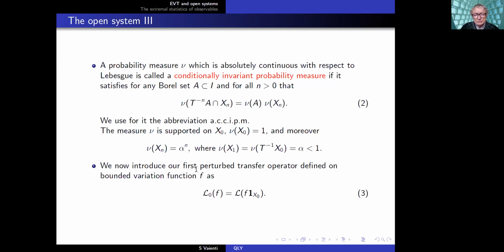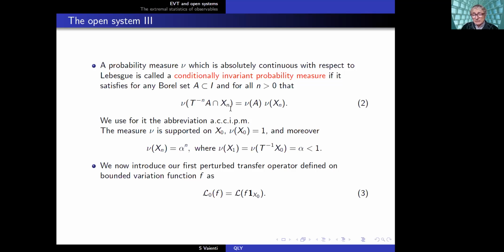Since we have a hole in the phase space, on the interval in our case, we cannot define an invariant measure as usual. So we define something reminiscent of the invariant measure, but having in mind that we have points which are going to disappear. If we have an invariant measure as usual, the measure satisfies nu(T^{-1}A) = nu(A).